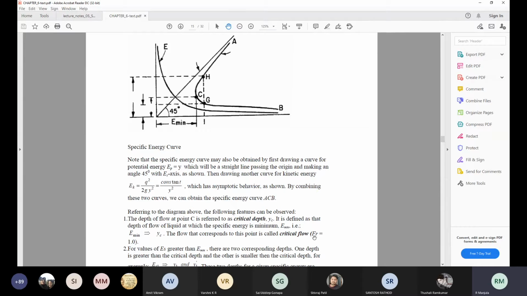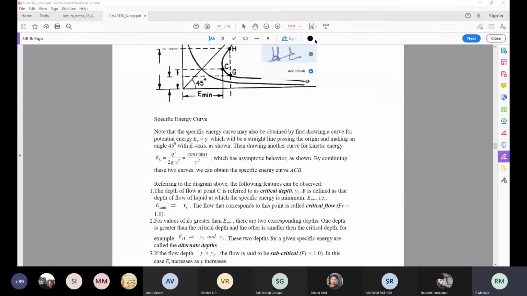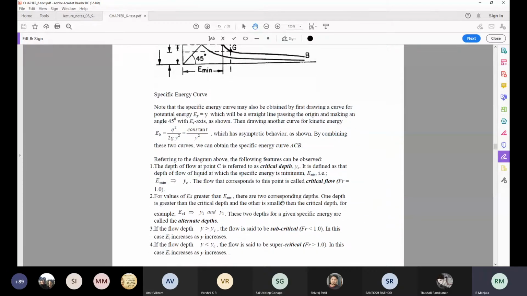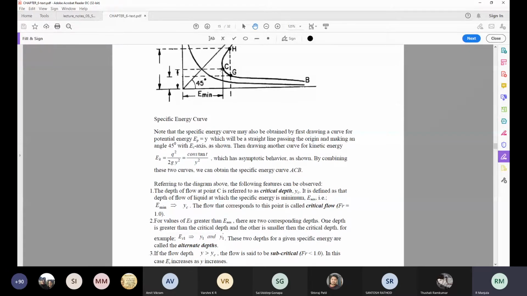The other condition is that the Froude number for this depth of flow, FR, is equal to 1.